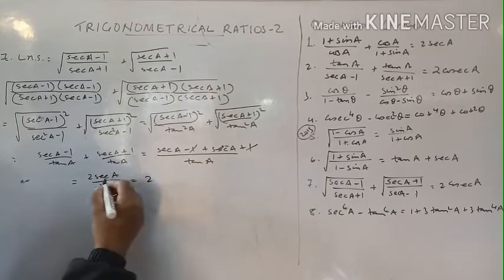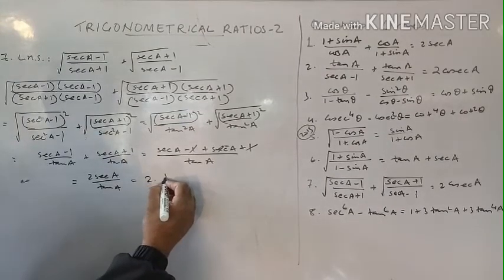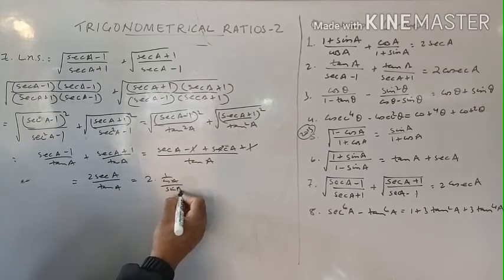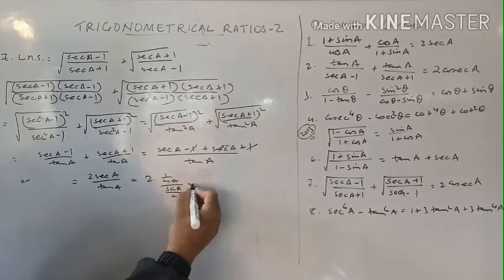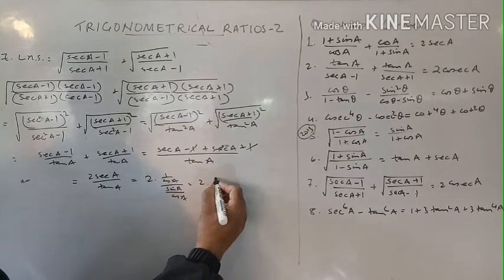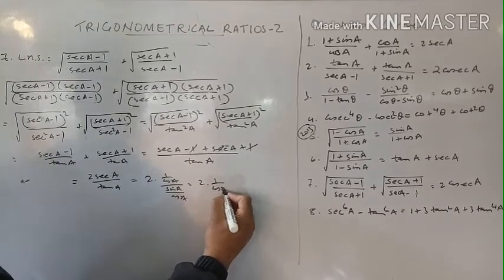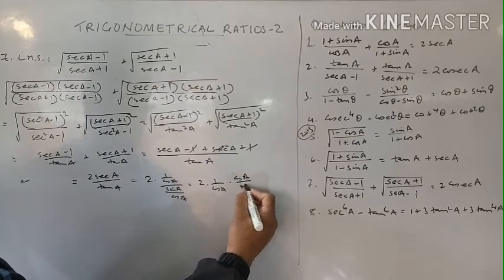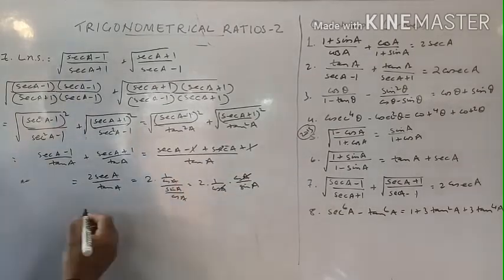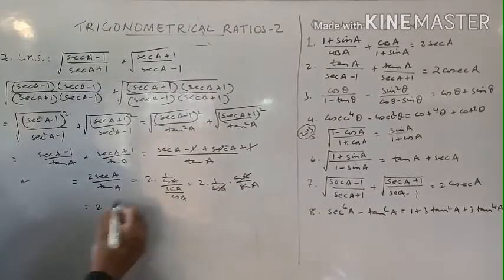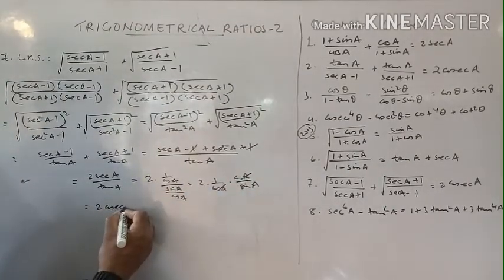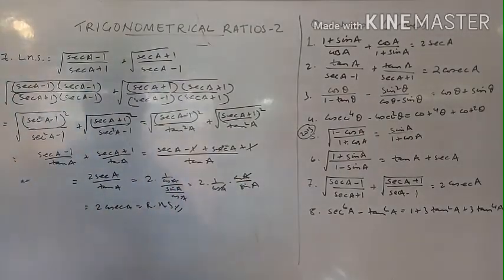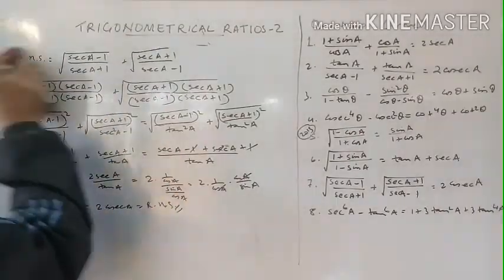So you get 2 sec A, which is 1 by cos A, upon tan A, which is sin A by cos A. So 2 into 1 by cos A into this sin by cos you can write as cos A by sin A, reciprocal. So cos cancels. So 2 by sin A, and 1 by sin is cosec A, which is equal to RHS. So it is proved. Okay, now we take the last question.